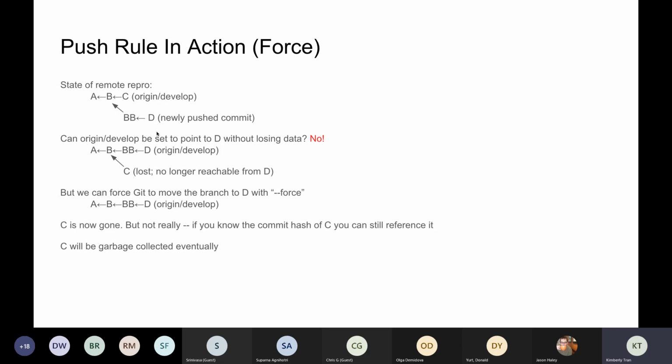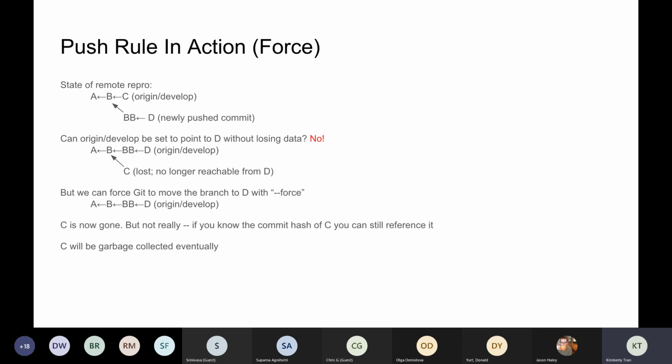And it's very likely that C is also in one of your colleagues' repositories if they haven't pulled yet. So you can also recover that way, right? So nothing much is ever lost with Git because it's append only, which is one of the ways that you can work with Git confidently and reliably, because you know that the commit graph is append only.